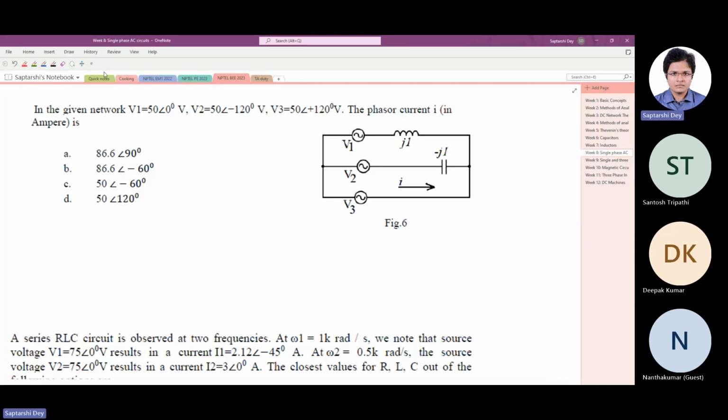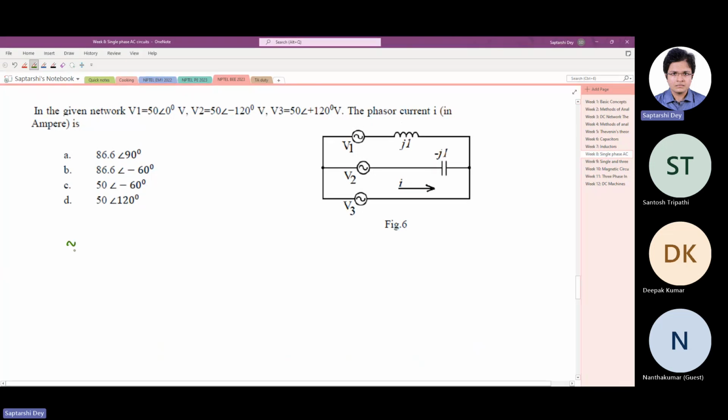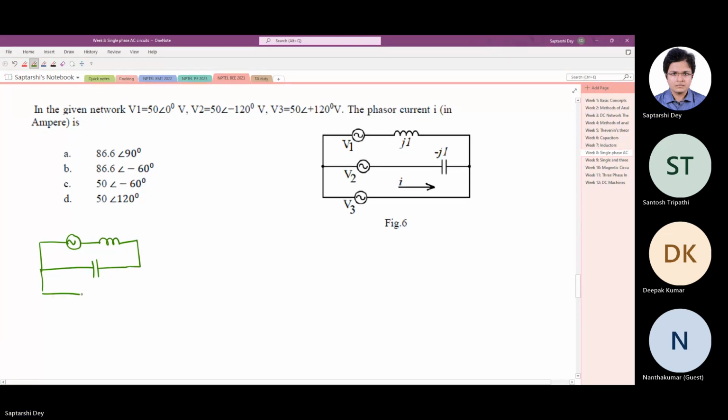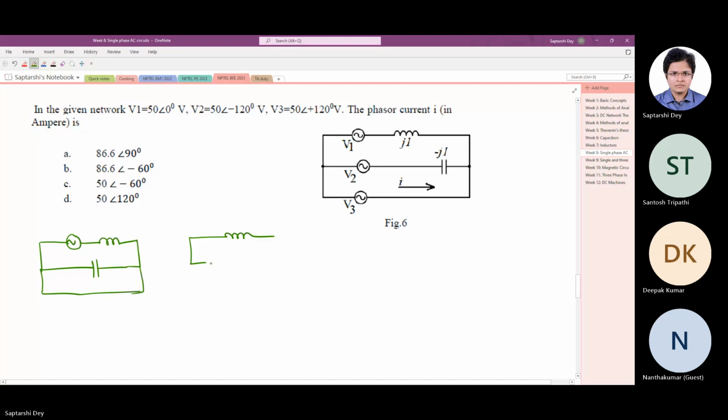So what we can do is apply the superposition theorem. We'll consider the voltage sources one by one. So we'll quickly draw three circuits where the three voltage sources are individually present, like this, like this, and this.